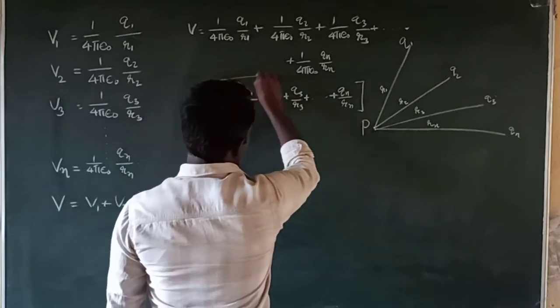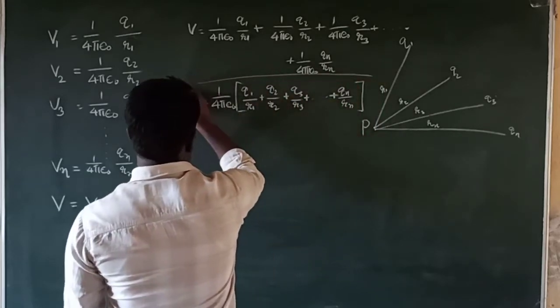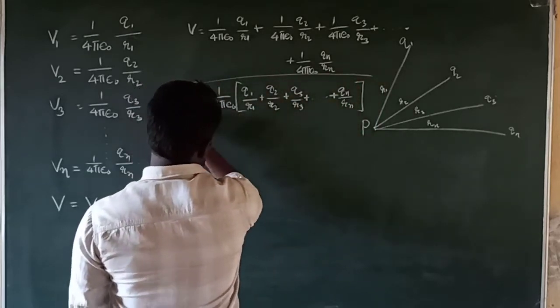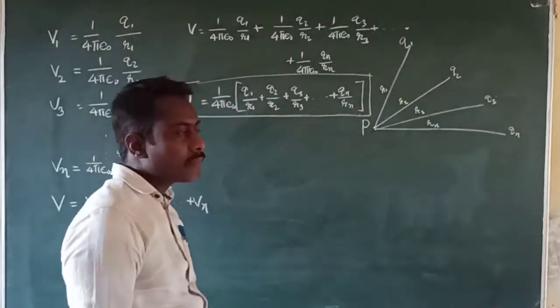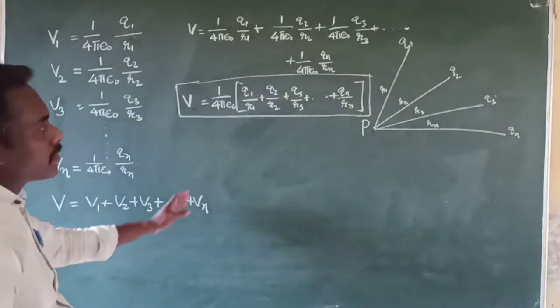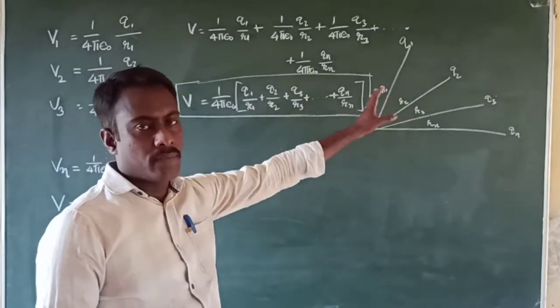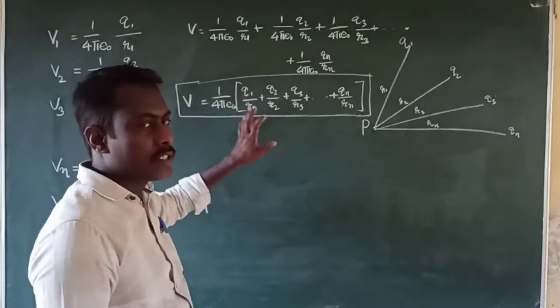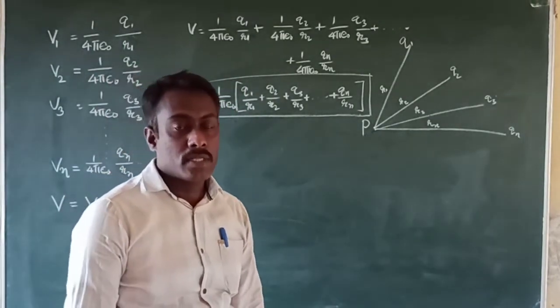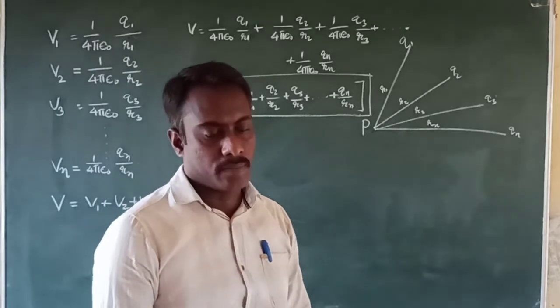So this is the net potential of a number of various charges distributed at different points. The net potential will be the algebraic sum of the potentials of the individual charges.